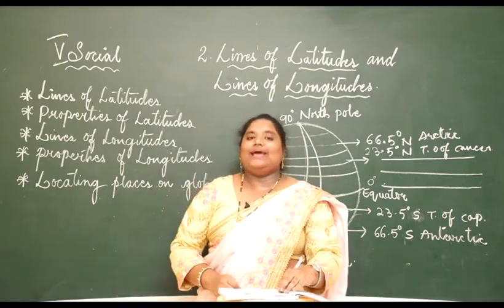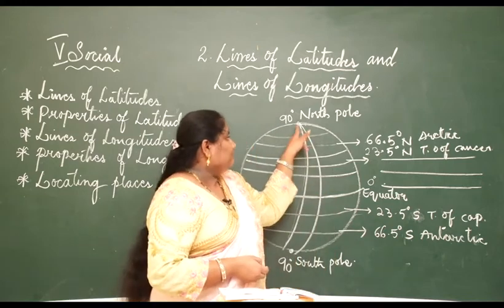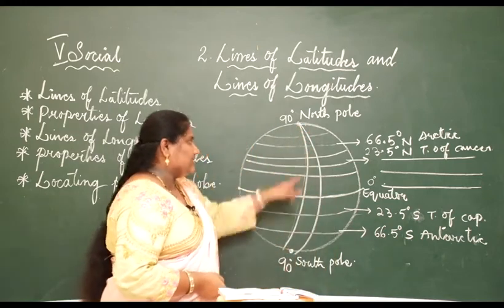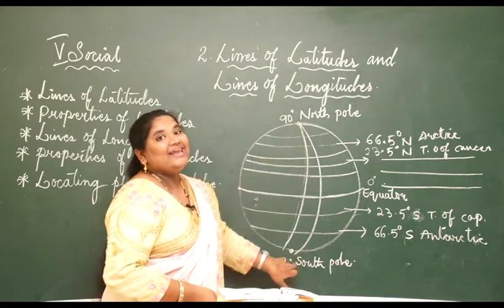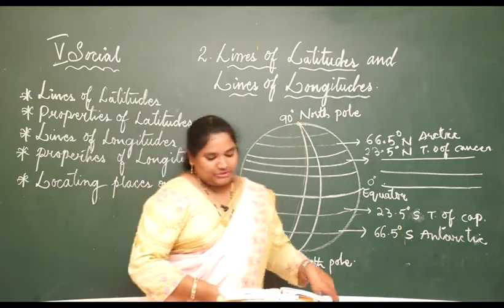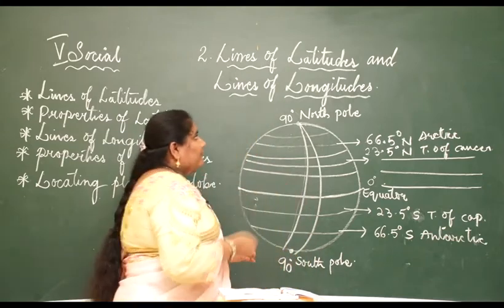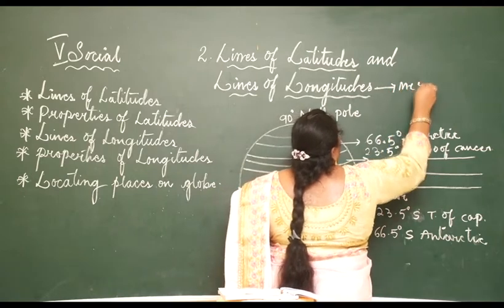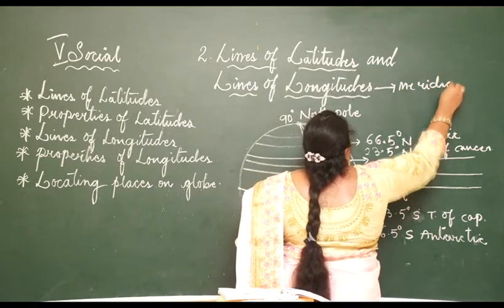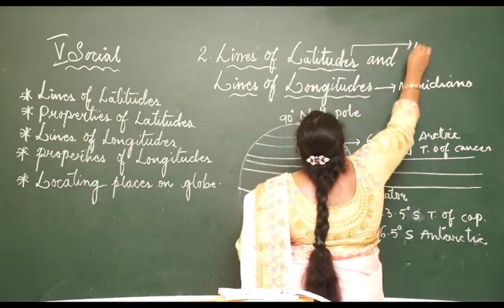Okay, then the lines of longitude, as we have said, the standing lines, the semicircles which go from the North Pole to the South Pole, are called lines of longitude, also called meridians. The other name for longitudes is meridians, and the other name for latitude is parallels.